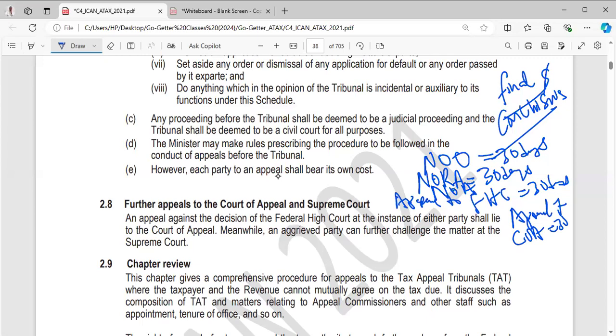Now, where the decision of the Court of Appeal doesn't go down with you, and you don't appeal to the Supreme Court within 30 days, it is final and conclusive. Now, you go to the Supreme Court and they rule. Once the Supreme Court rules, the tax judgment is final and conclusive.